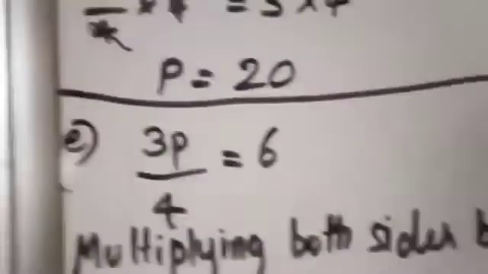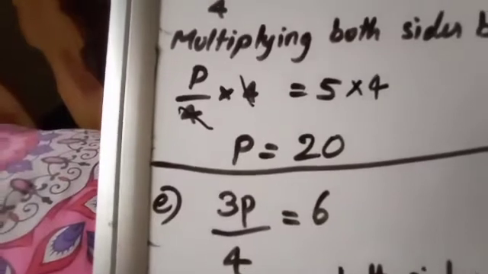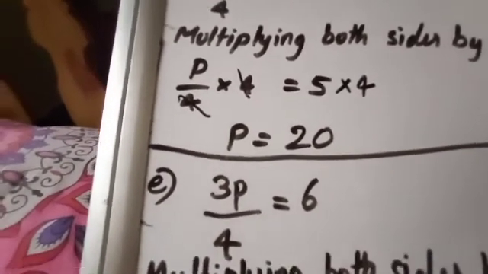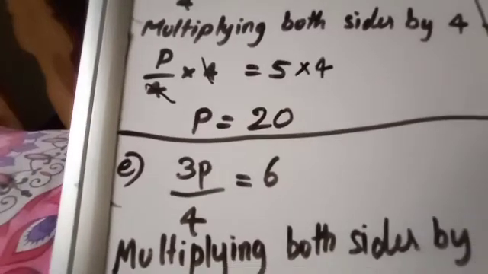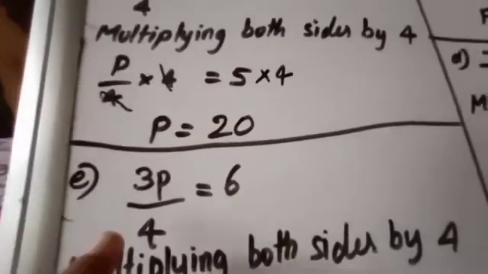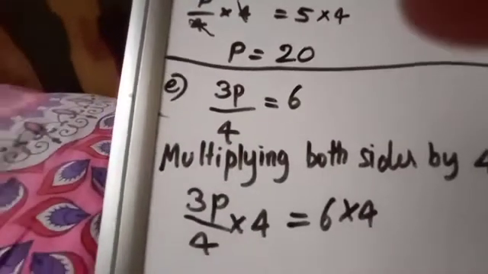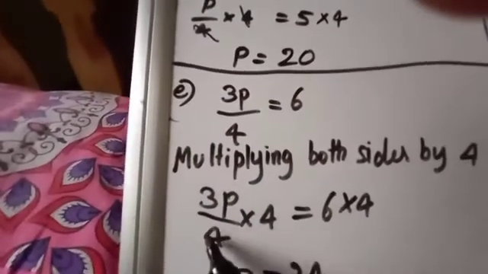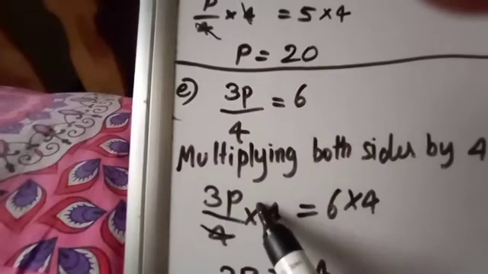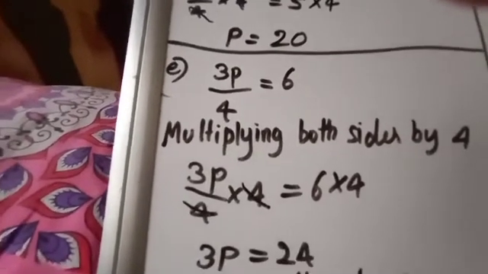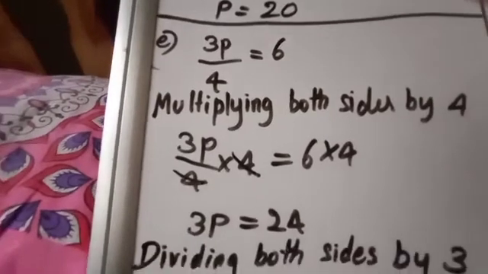Now let us go to the E question. 3p divided by 4 is equal to 6. Multiplying both sides by 4. Why? Because to remove this 4, if I multiply, the 4 will get cancelled. Then 6 4s are 24. 3p is equal to 24.